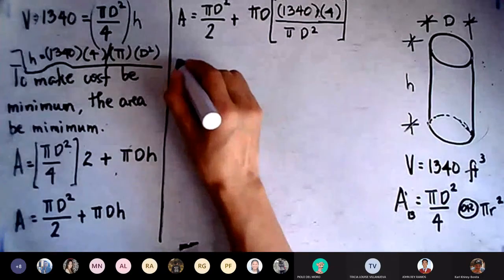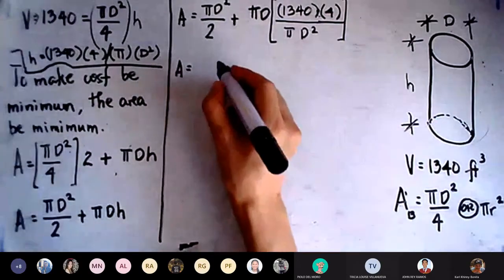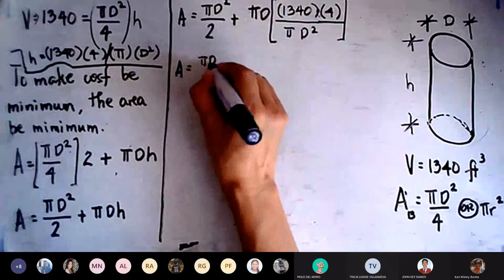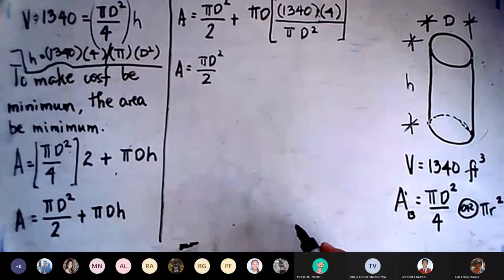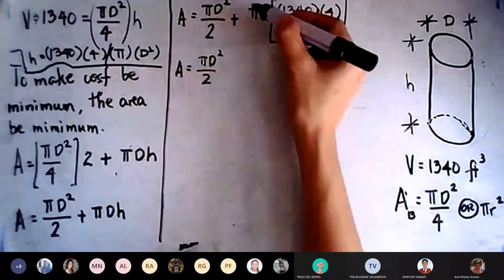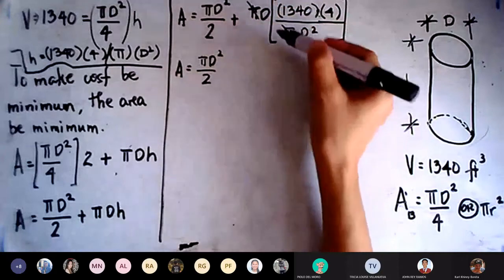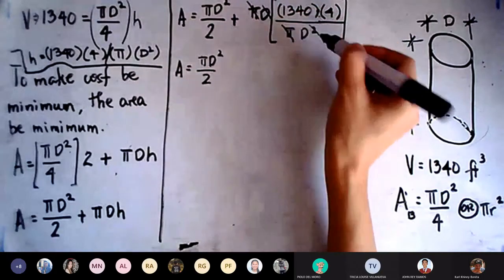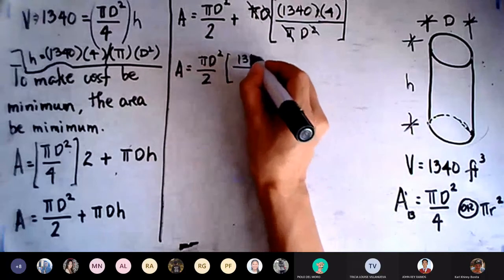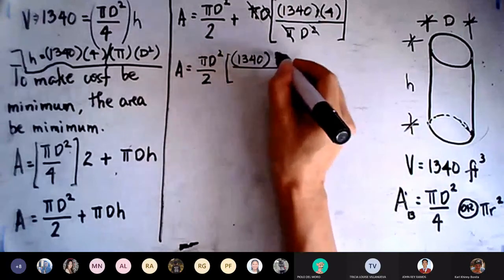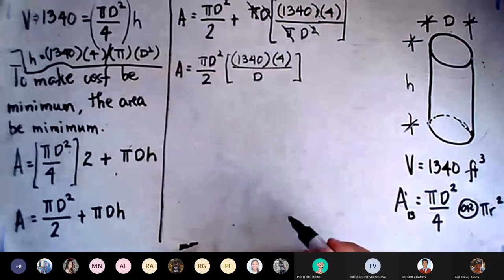So now we will have area is equals to pi d squared over 2. And if you are going to cancel out pi, cancel out one of the d's, then we will have 1,340 times 4 divided by d.